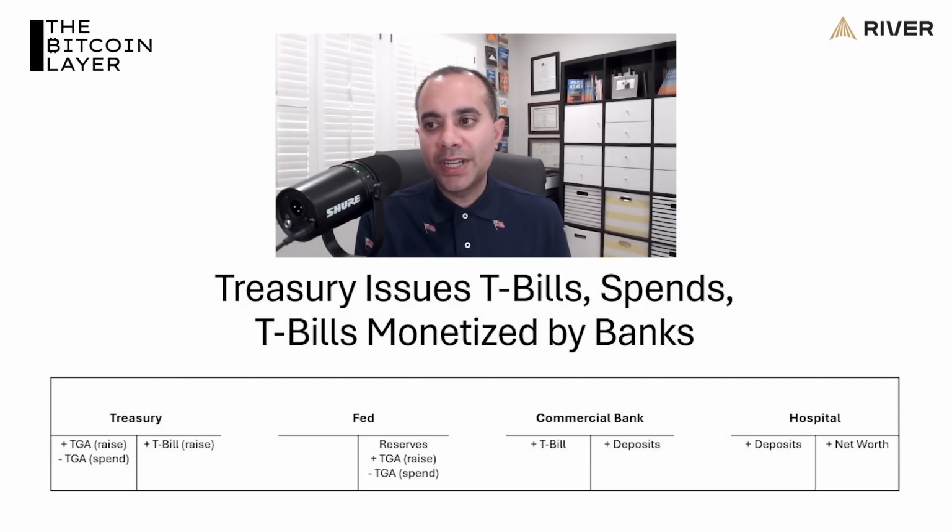I will show you an example shortly of something a little different when we don't have T-bills being monetized, but we have money coming out of the system that already existed to purchase T-bills. But in this example, this is brand new money.